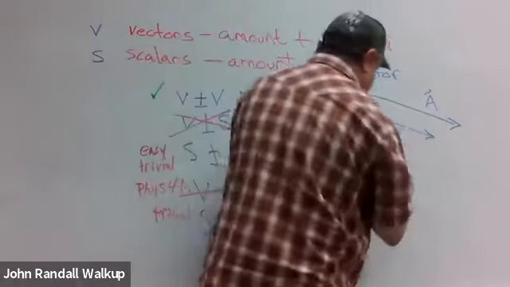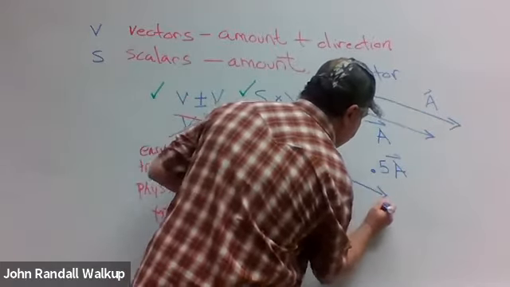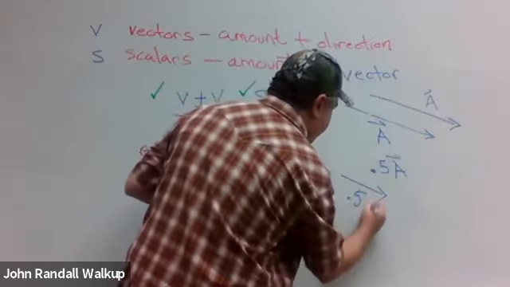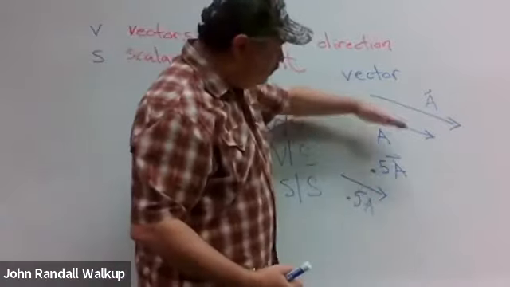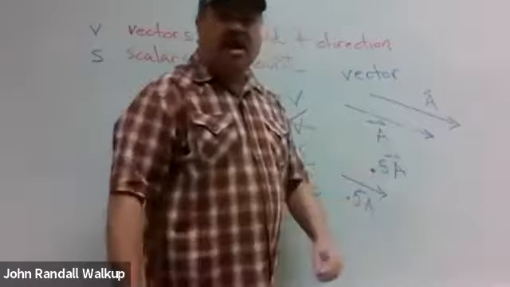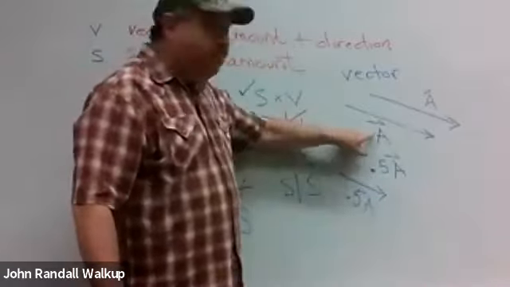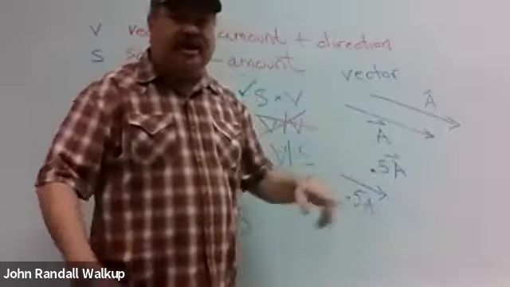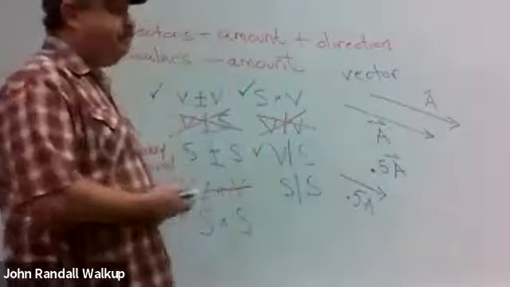So if this is A, this would be 0.5A. Same direction, but half the length. And that's important to remember: when you multiply a vector by a scalar, you don't change its direction. You only change its length, with one exception.